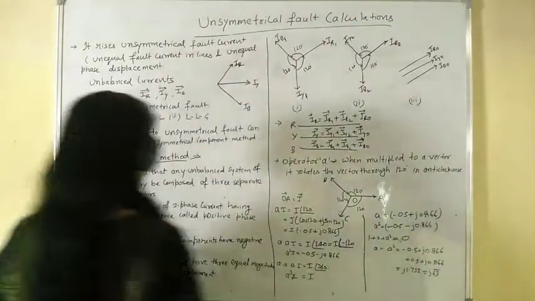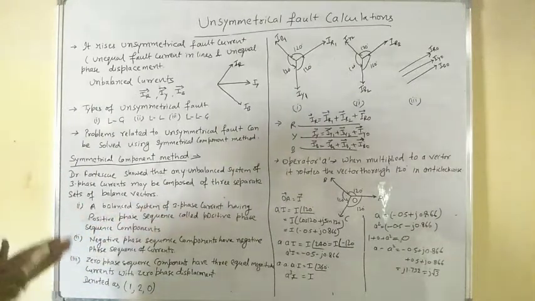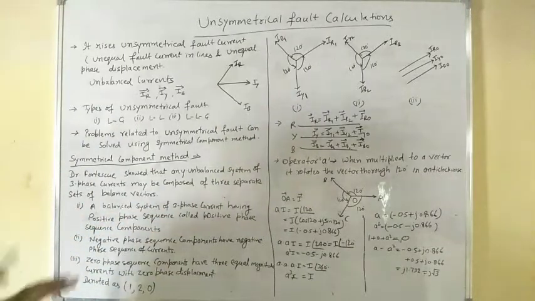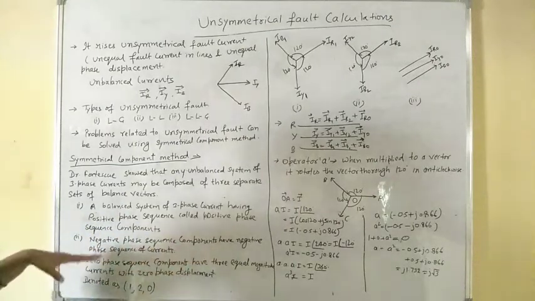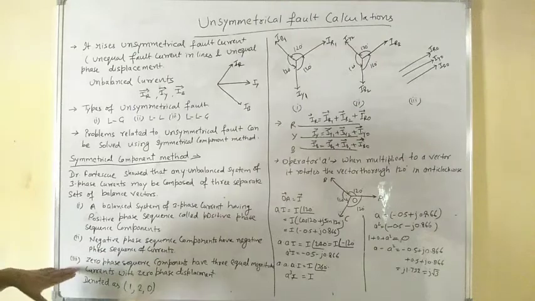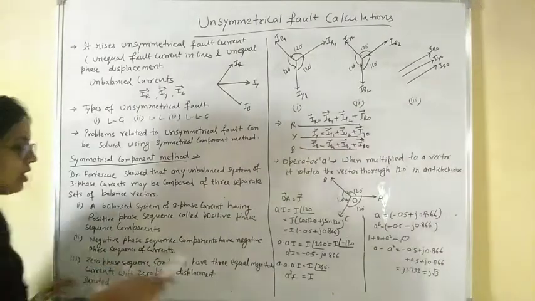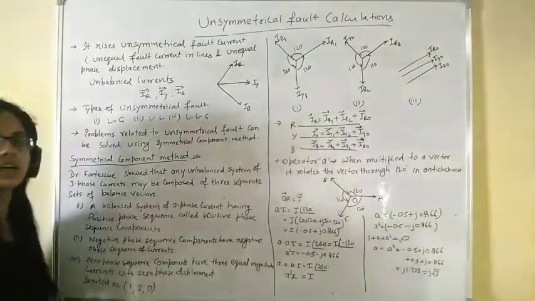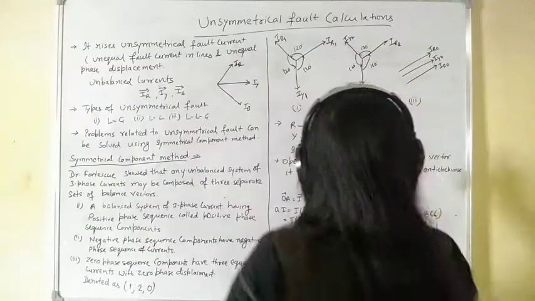In which, what is positive phase sequence? In positive phase sequence the phase sequence is basically positive, but in negative phase sequence the phase sequence changes. In zero phase sequence there is no phase difference and all the three magnitudes of currents are equal. So this is the diagram.